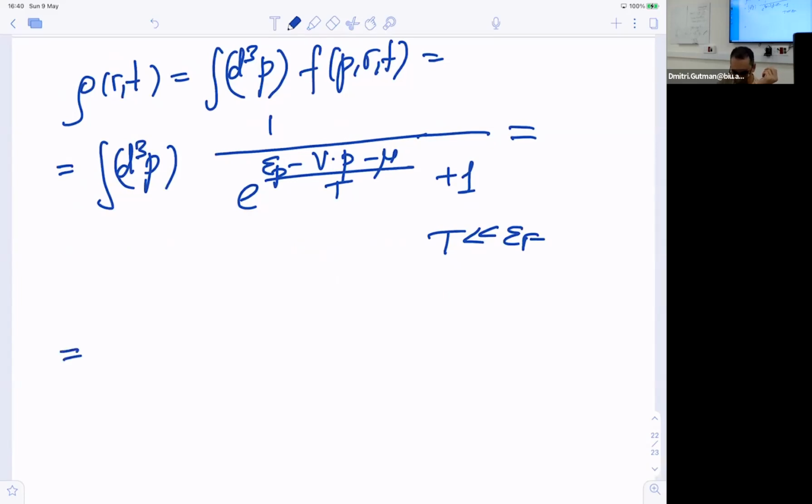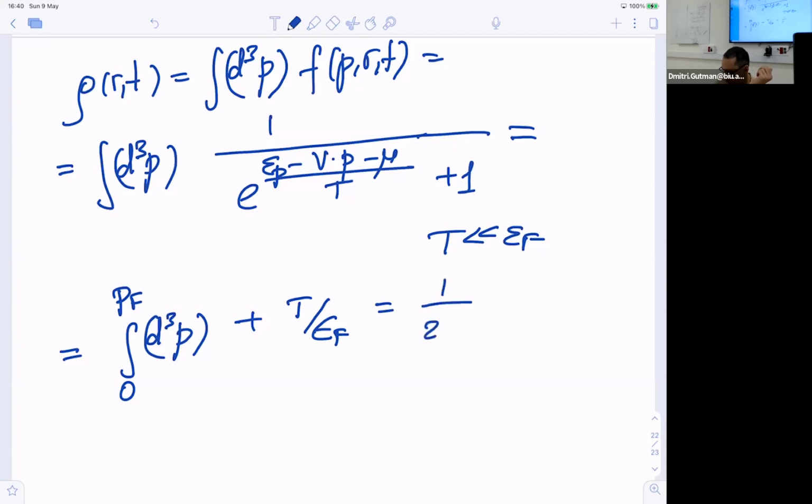And this integral will be the integral over d3p from 0 to p Fermi plus small corrections. Essentially this integral is 1 over 2 pi cubed, times 4 pi over 3 p Fermi cubed, plus corrections of order T over epsilon Fermi.